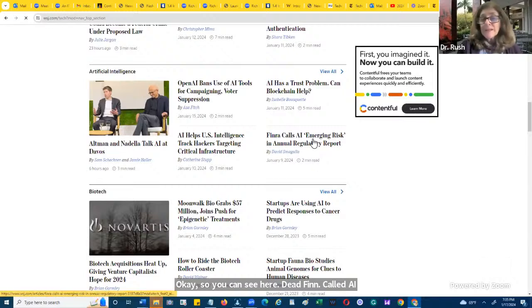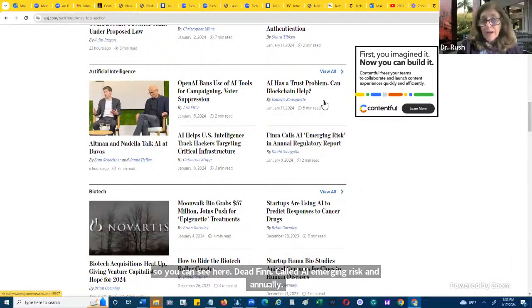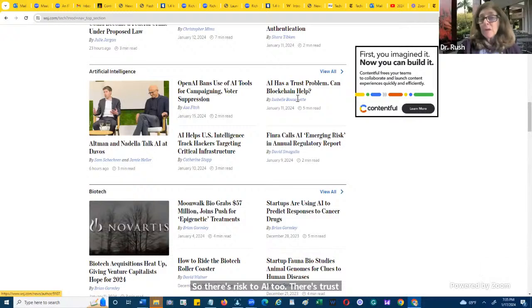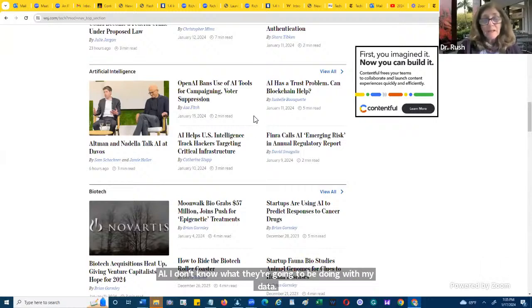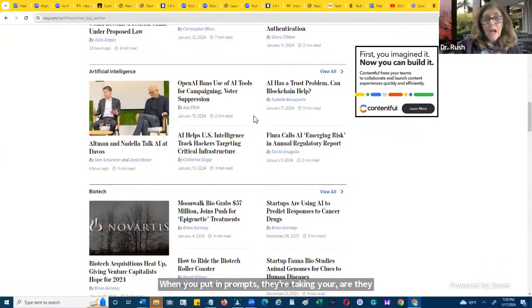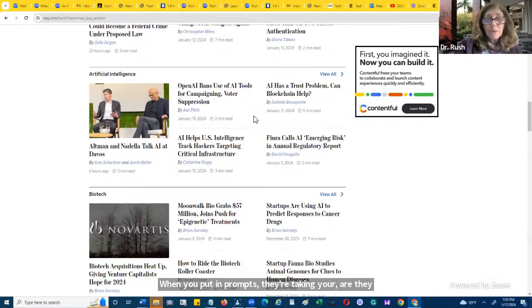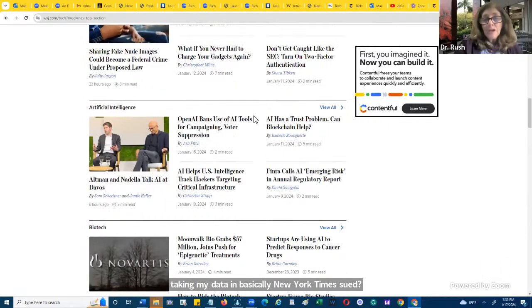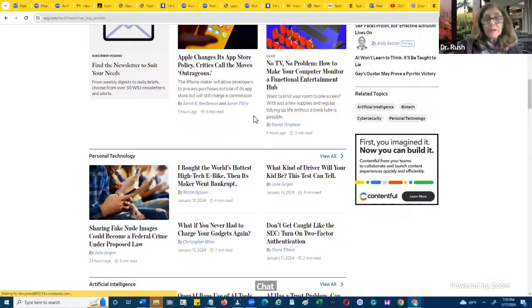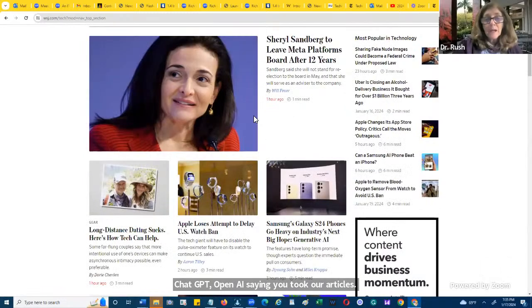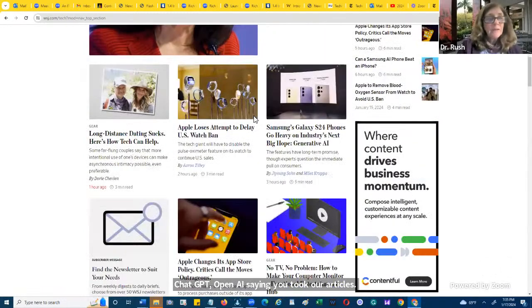So there's risk to AI too. There's trust problems to AI. I don't know what they're going to be doing with my data. When you put in prompts, are they taking my data? And the New York Times sued OpenAI, saying you took our articles, our intellectual property, and you're using it and not giving us any credit.